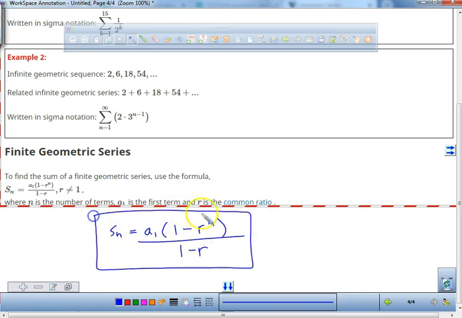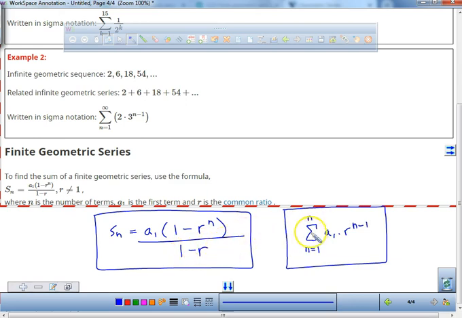This right here is the same as what I just wrote down. I'm going to put n equals 1, a1 times r to the power of n minus 1, and this happens to be whatever the nth term is. This is how you write it in sigma notation. This is how you don't write it in sigma notation.